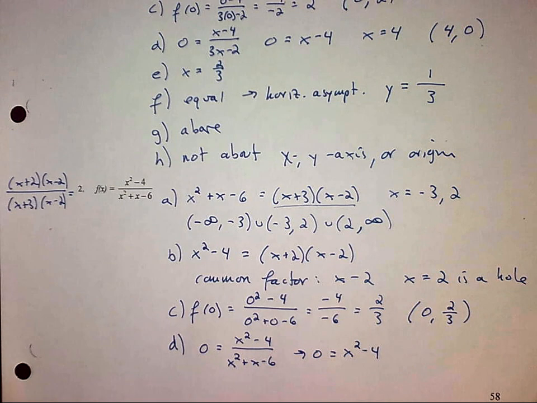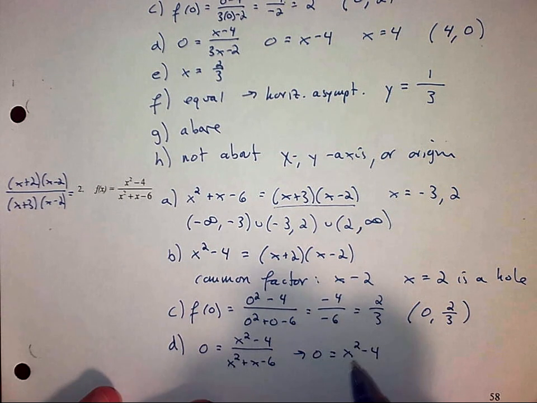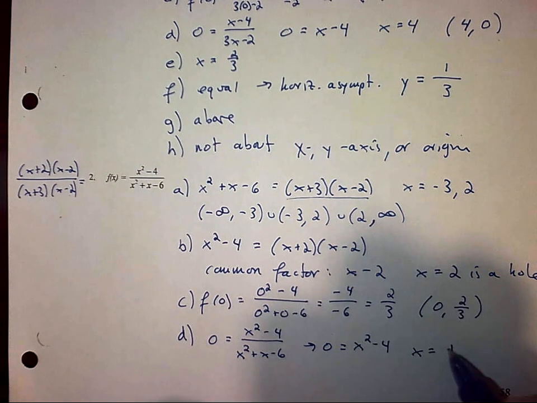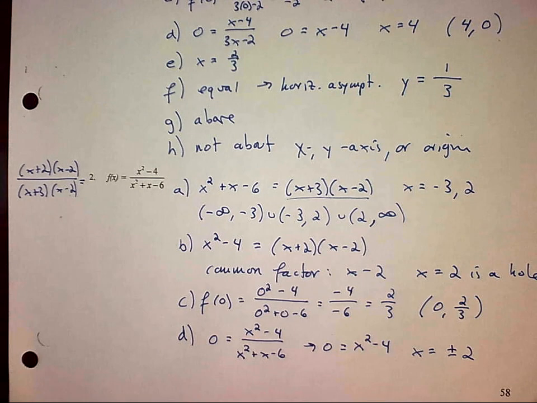Now, what values can I plug in for x for this to be equal to 0? Well, here, if you have this minus 4, then we know that x can be equal to plus or minus 2. So plus or minus 2 are going to be our x-intercepts. At plus or minus 2, that's where we would intercept our x-axis.